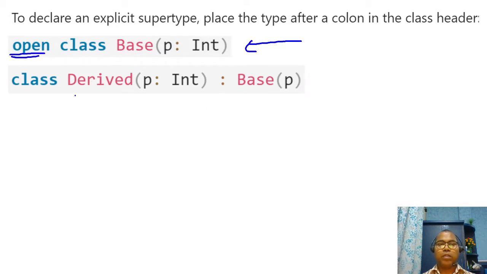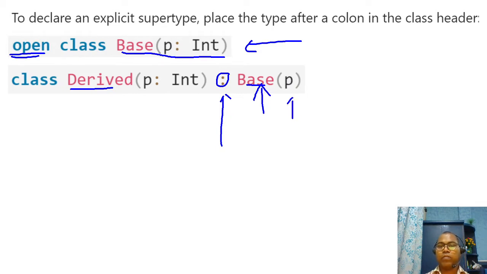Second, write your derived class and use not the extend keyword but a colon, and write your base class name from where you are inheriting. If the base class defines a primary constructor, you have to pass the primary constructor value so that the primary constructor is invoked. After the superclass object is created, your subclass object is created.